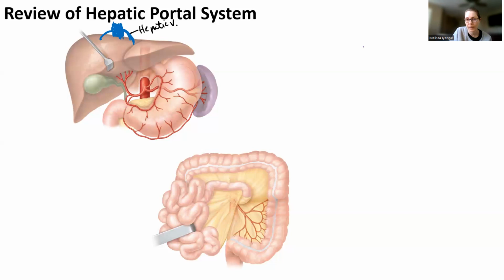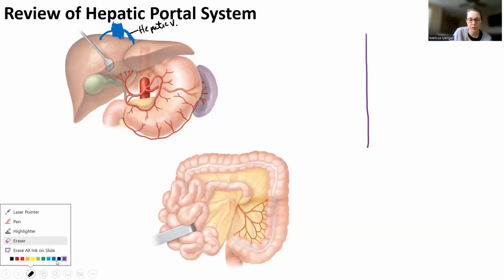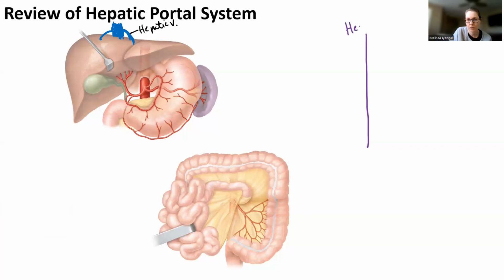So what it ends up looking like is if you just draw a really simplistic diagram here, you have one line. This is hepatic portal vein. Let me not abbreviate because you guys kill me with this abbreviation stuff. This is actually going to be superior mesenteric vein. Okay.